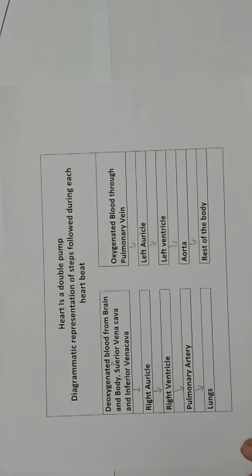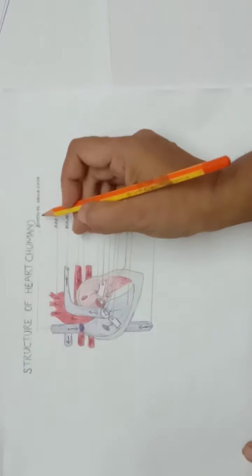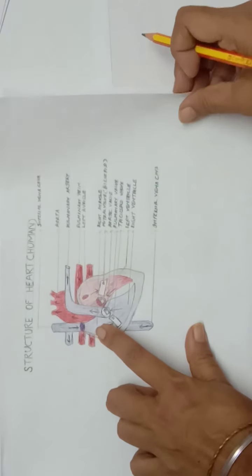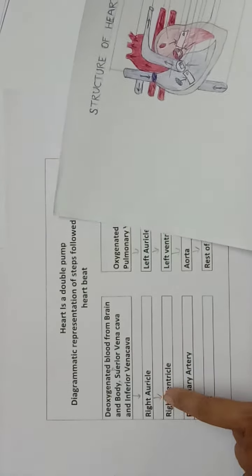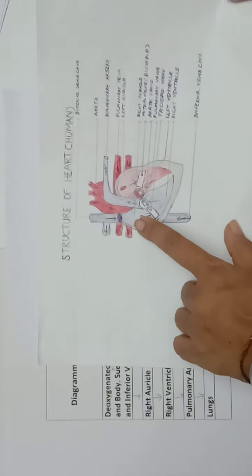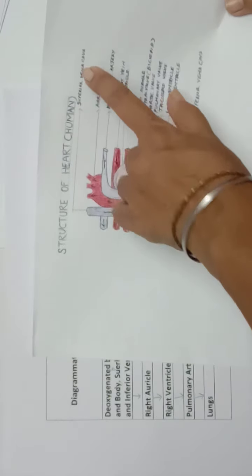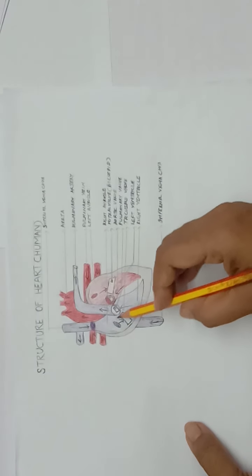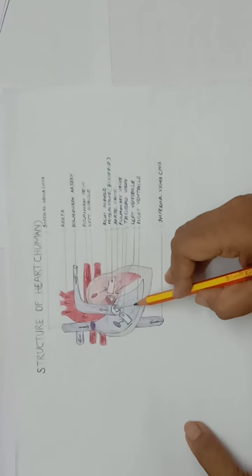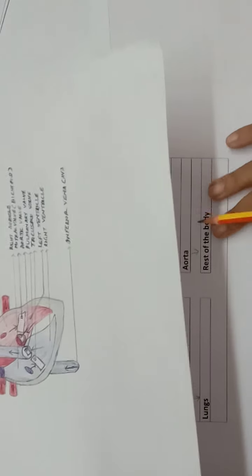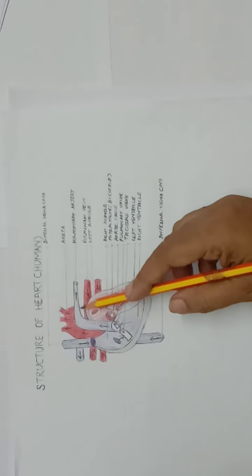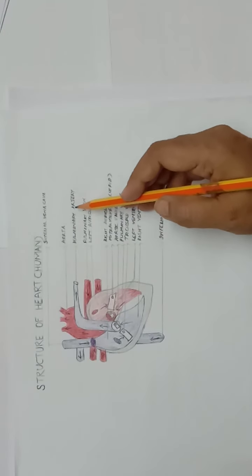So in the diagram again I am describing. See, deoxygenated blood enters the right auricle first, through the superior vena cava and inferior vena cava. From the right auricle it goes to the right ventricle, and from this right ventricle the blood is pumped to the lungs through the pulmonary artery.